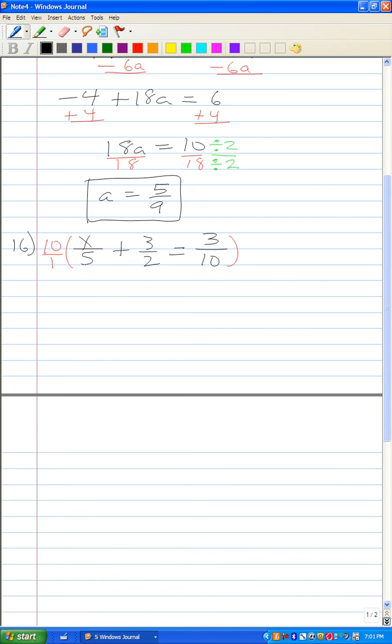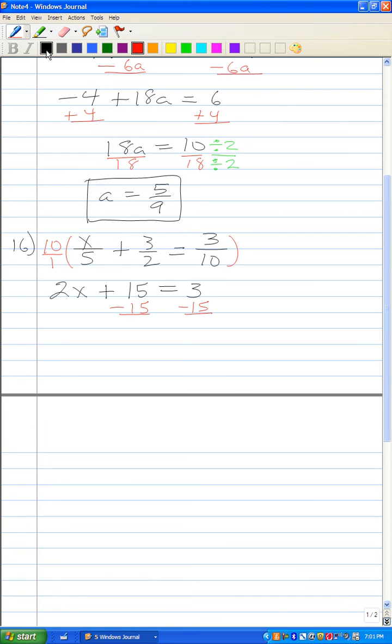10 divided by 5 is 2, times x is 2x. 10 divided by 2 is 5, times 3 is 15. 10 divided by 10 is 1, times 3 is 3. Now let me use the additive property of equality to isolate x on one side of my equation.